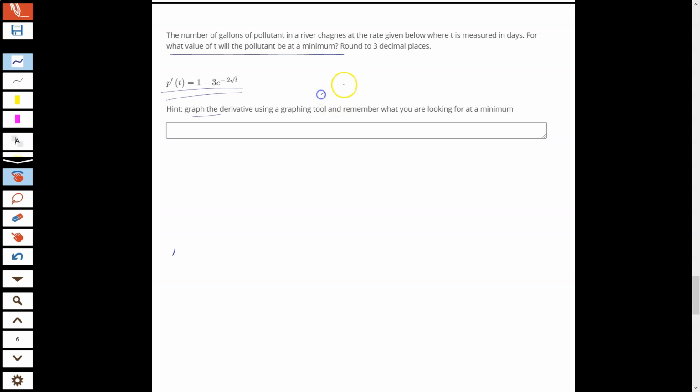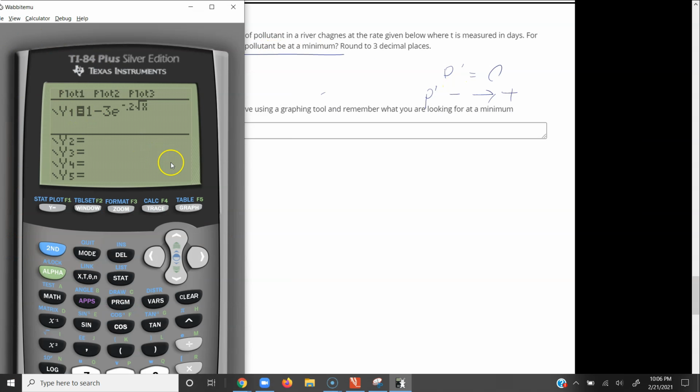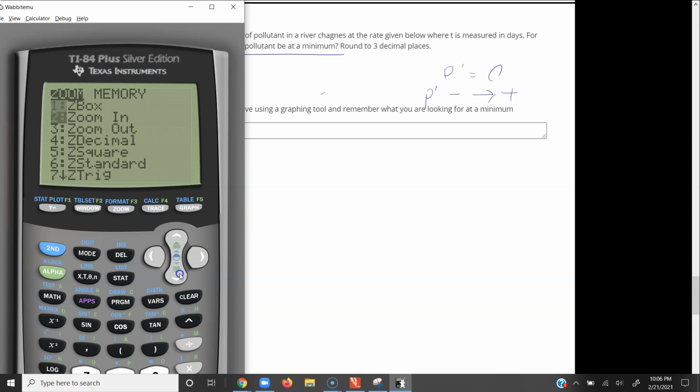What we're looking for is that the derivative, p prime, goes from negative to positive at a minimum. Okay, and it's going to be equal to 0. P prime is equal to 0, and it goes from negative to positive. Okay, so I'm going to graph it on my graphing calculator, and I've already typed it in. I'm going to hit graph, and notice, I'm going to zoom in a little bit and show you what it looks like.